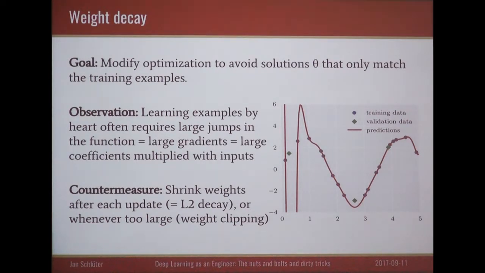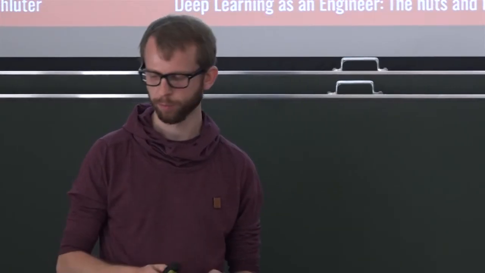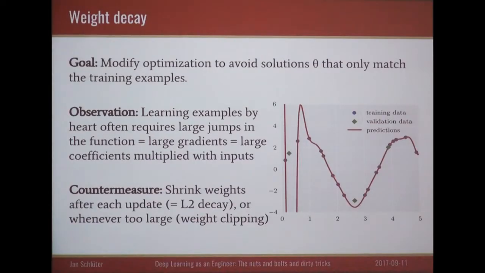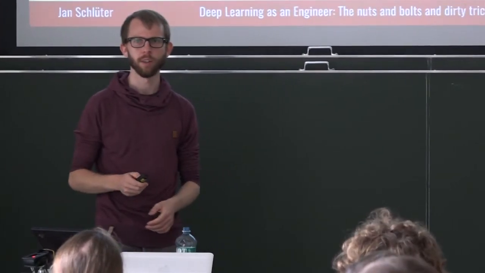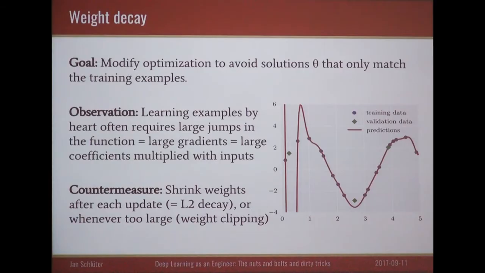And the way we define the functions, this can only happen if there's a large multiplicative interaction of the weights with the input. So in order to rule out such solutions, a possible measure is to shrink the weights after each update, or clip them whenever they get too large or their norm gets too large. This is called weight decay.